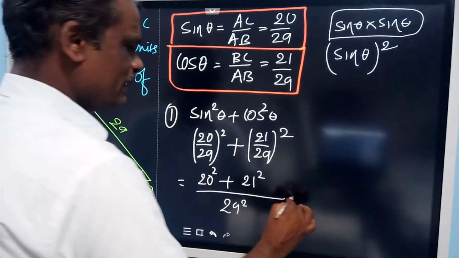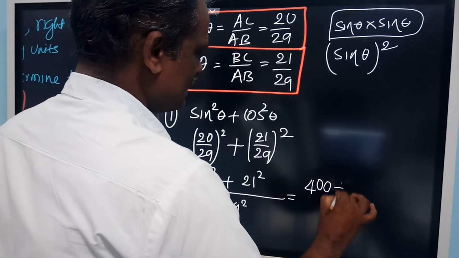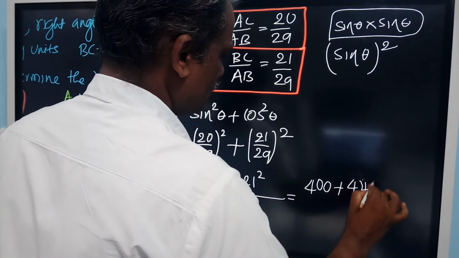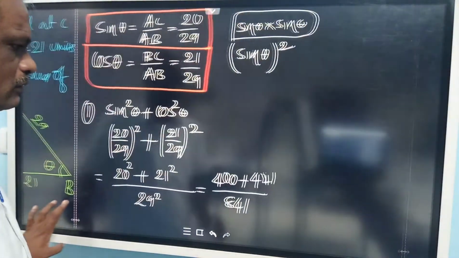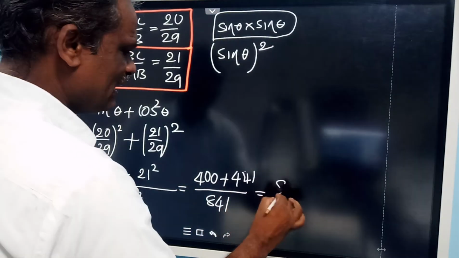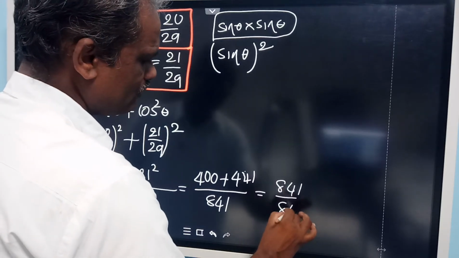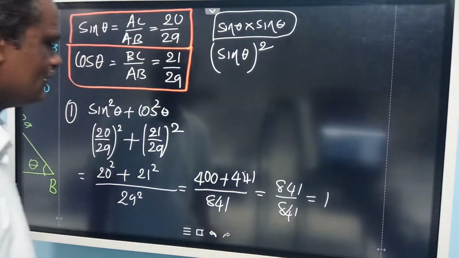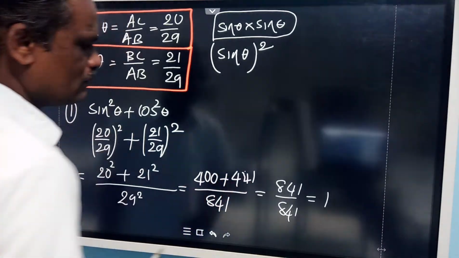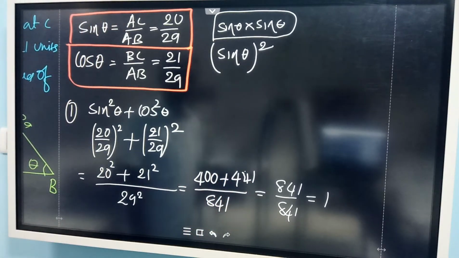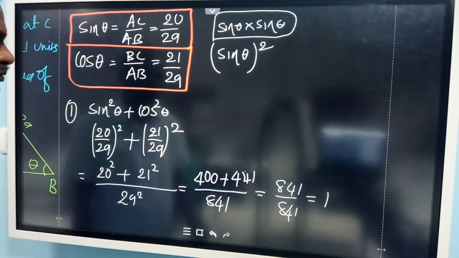So it will be 400 plus 441, and the denominator is 841. What is 400 plus 441? 841 by 841. Your answer is 1. So sin square theta plus cos square theta is 1.